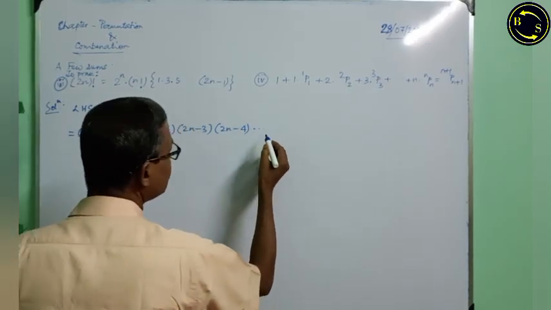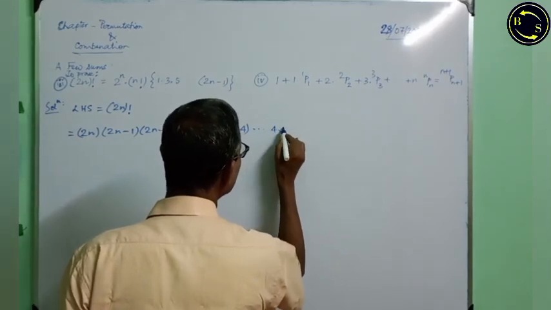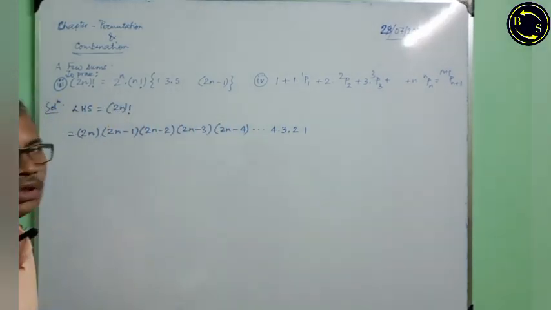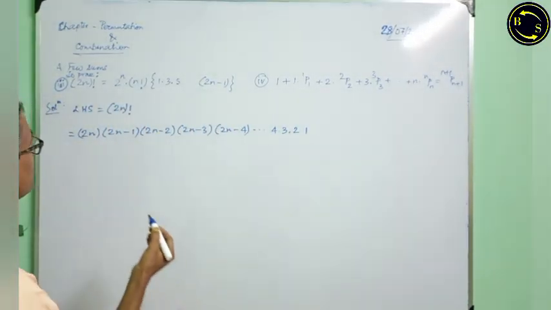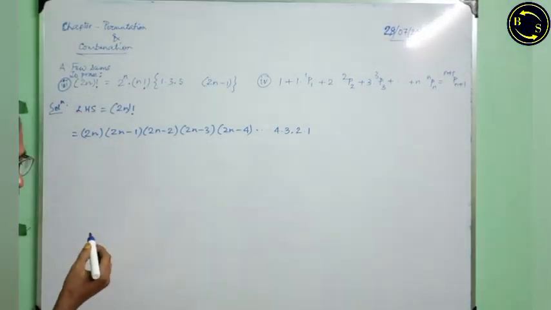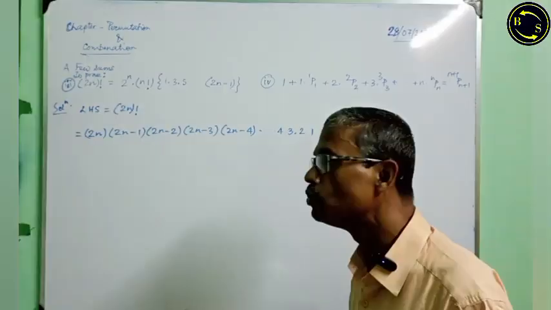I write last 4 digits, that means 4 into 3 into 2 into 1. To prove this, first we note the first part is 2 to the power n. That means that is product of n numbers of 2.